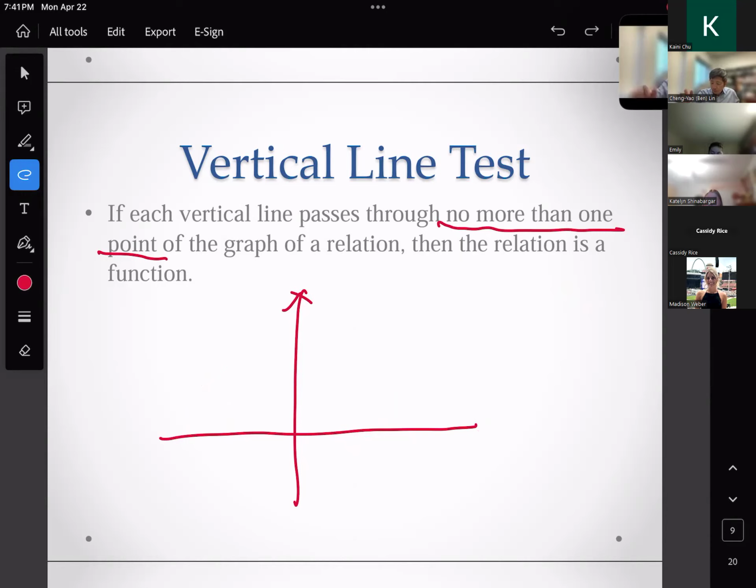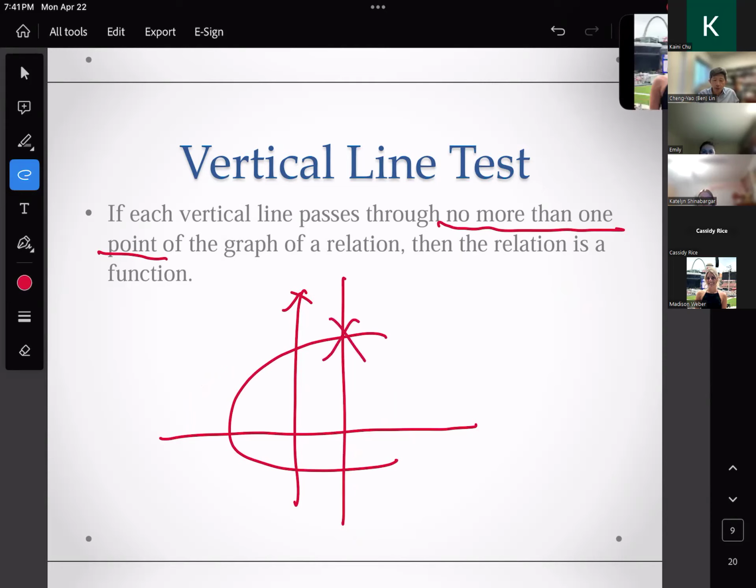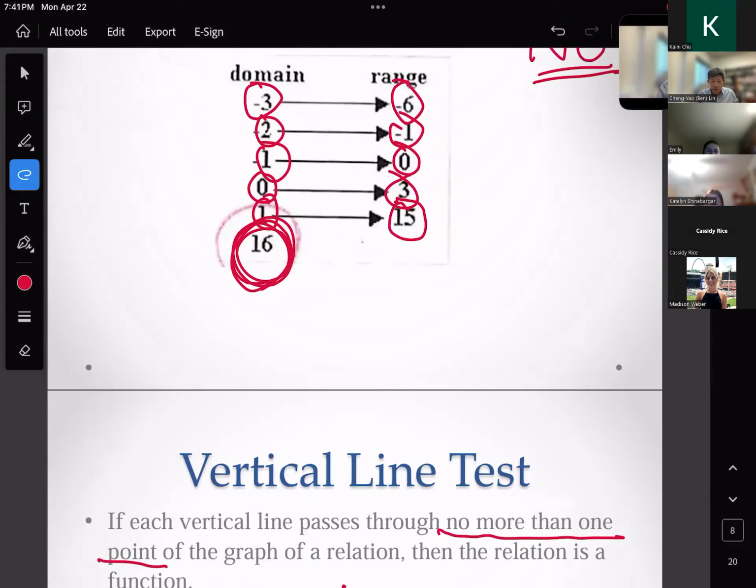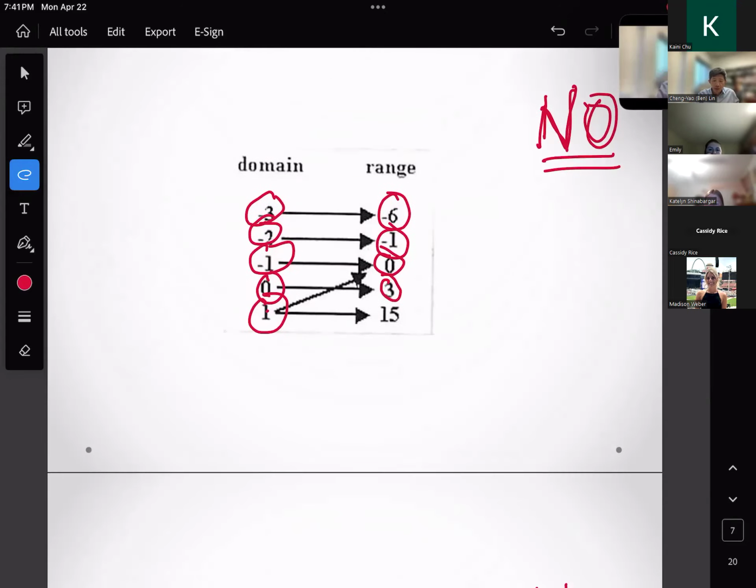Now, what about this? Function or not function? No, because you meet 2 points, right? Meet 2 points, so that's why it's no. Does that make sense?